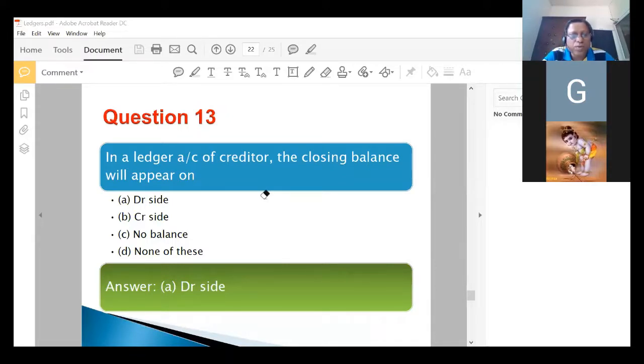In our book, the closing balance, in the ledger account of a creditor, means a person who has given goods on credit, and we are supposed to pay. In our book, it shows on the debit side, because the closing balance will appear on the debit side.